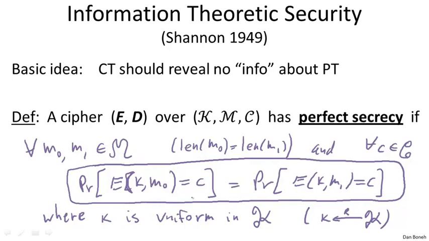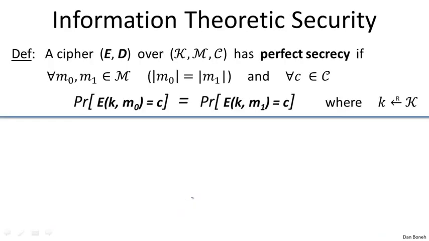So if all I have is the ciphertext C, that's all I've intercepted, I have no idea whether the ciphertext came from M0 or from M1, because the probability of getting C is equally likely whether M0 or M1 is being encrypted. Here we have the definition stated again, and I want to write these properties more precisely. What this definition means is that if I'm given a particular ciphertext, I can't tell where it came from.